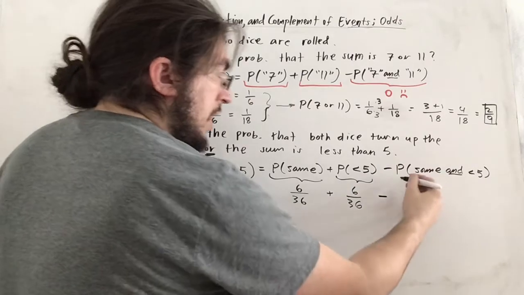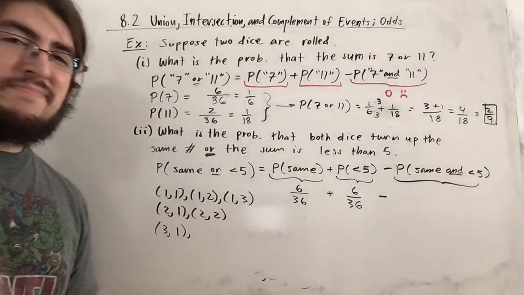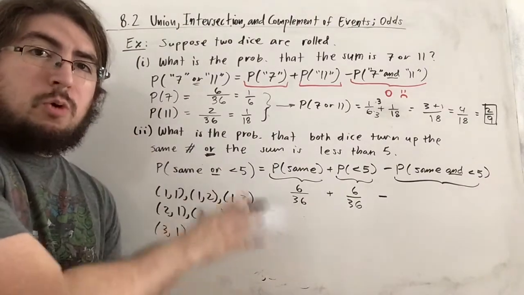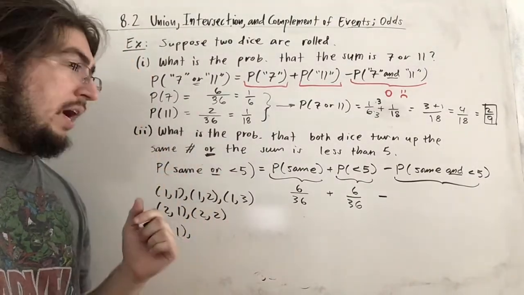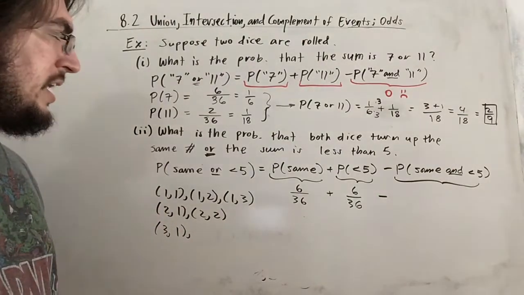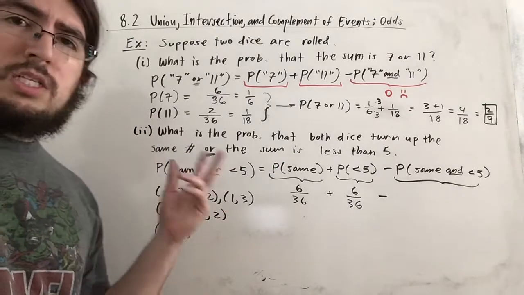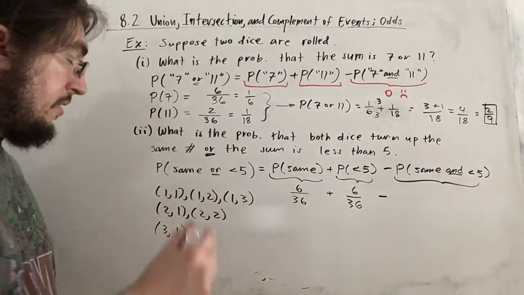And now we need to do minus this guy. Here we have the total possibilities of the sum being less than 5. Can we see if there's any intersection, where the two numbers in the ordered pairs are the same? And yeah, you can see that right here.